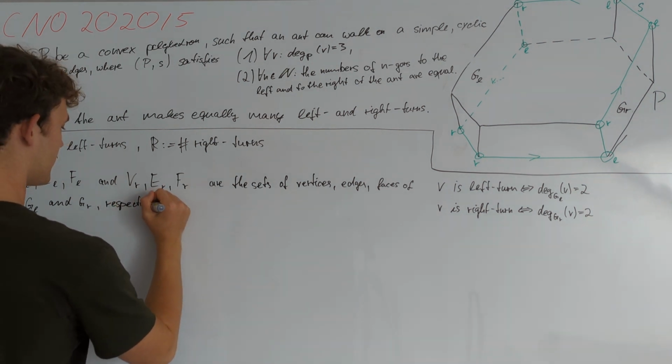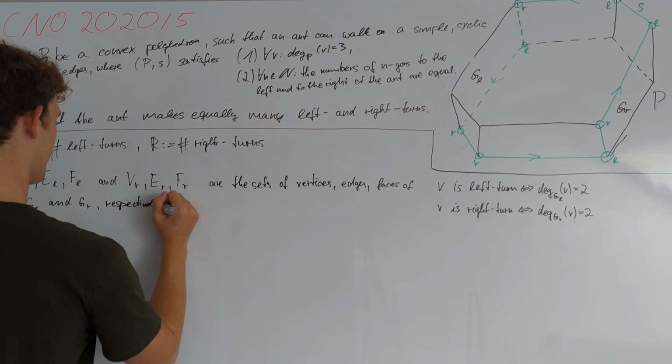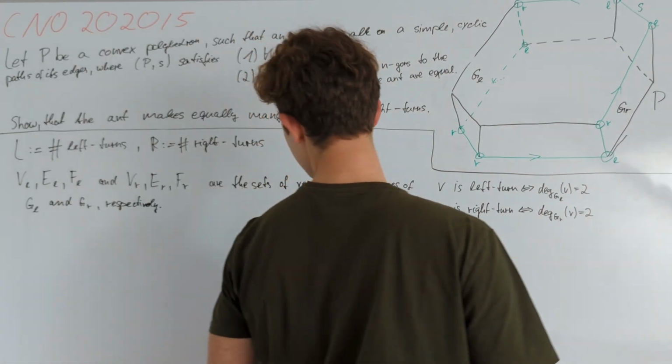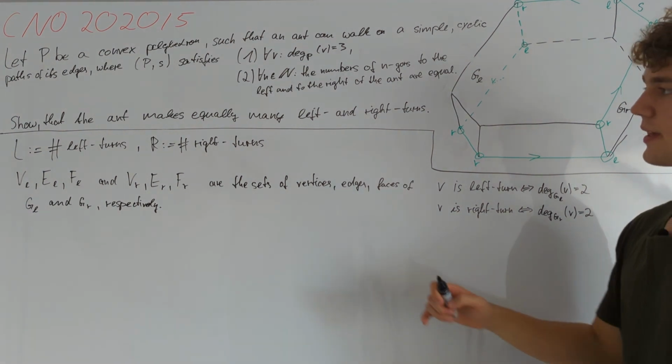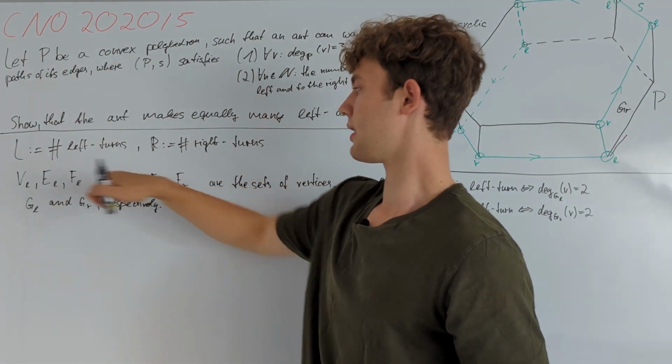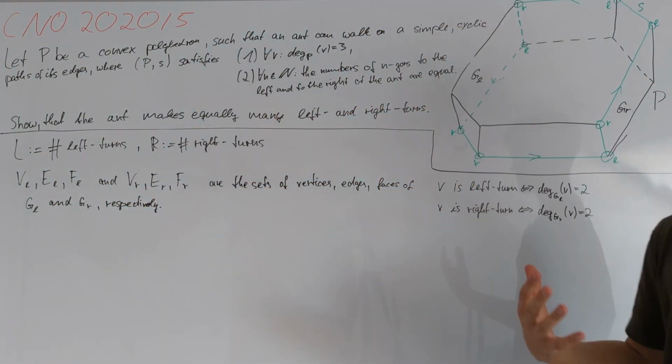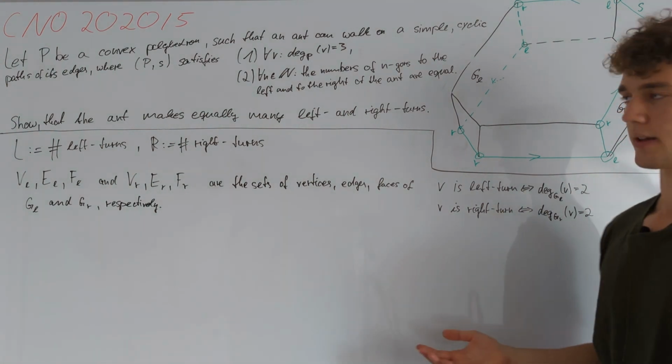These are quite a lot of new variables, but important ones, because we are motivated to prove that VL, EL, and FL are equal to VR, ER, and FR. Why are we motivated to suspect that?